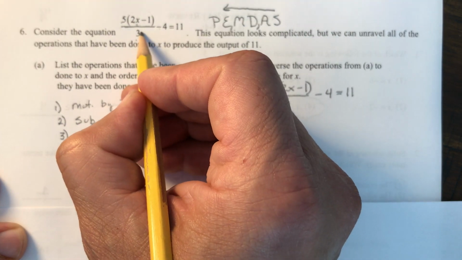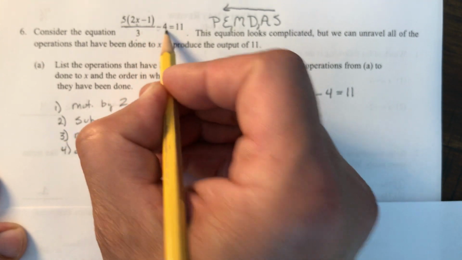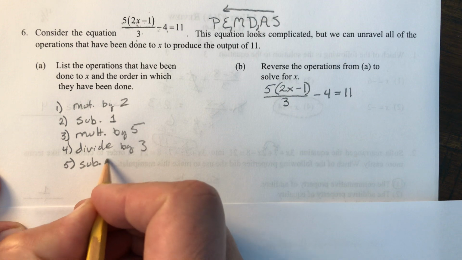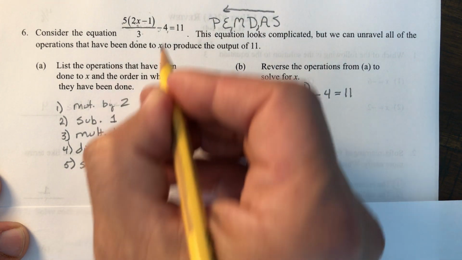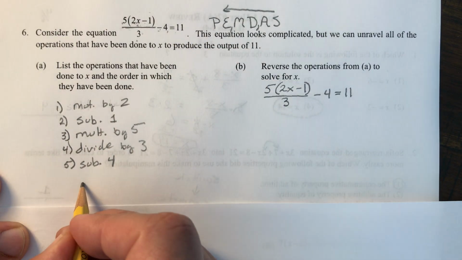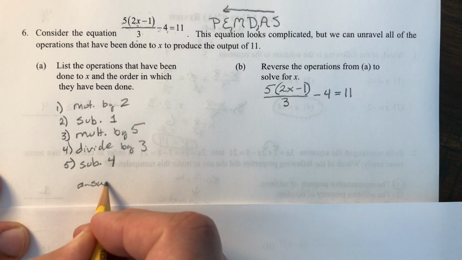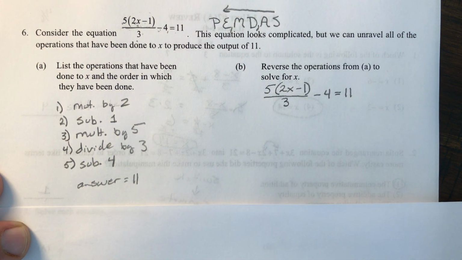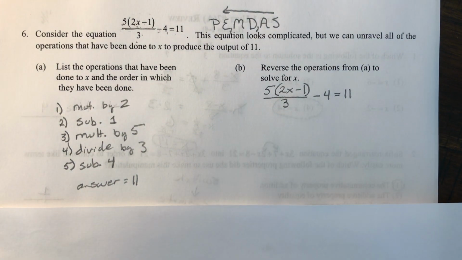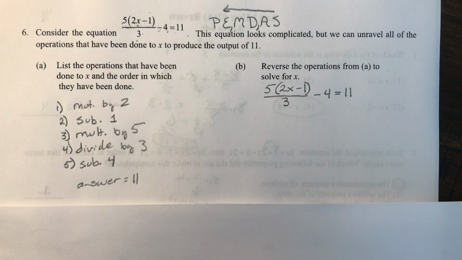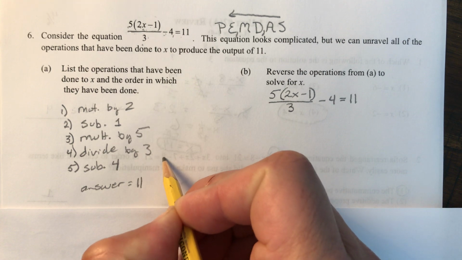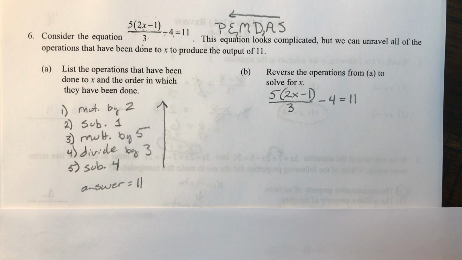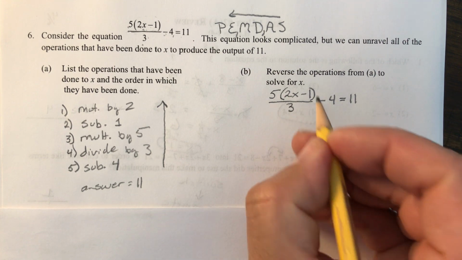Okay, and then after all of that stuff was done, somebody subtracts 4, and then the answer is 11. Okay, so the usefulness of this is that we can just go backwards, as I mentioned earlier, and we can undo all those things and figure out what x is. So that's what's going on over here.